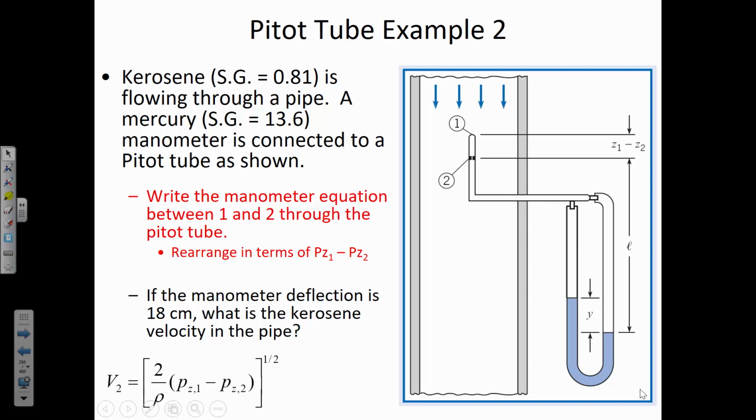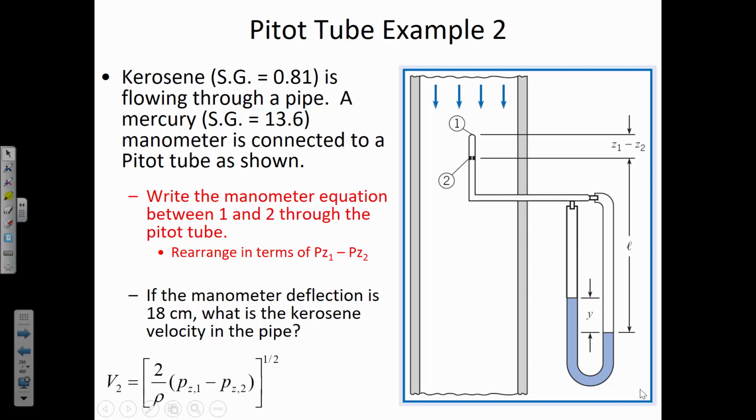And the reason why we want that in the manometer equation is that then here is our pitot tube equation. If we rearrange Bernoulli's equation with the assumption that the velocity at location 1 is 0, because that's what happens inside of a pitot tube, this is what we get. You'll notice inside the interior of the pitot tube equation is P sub Z1 minus P sub Z2.